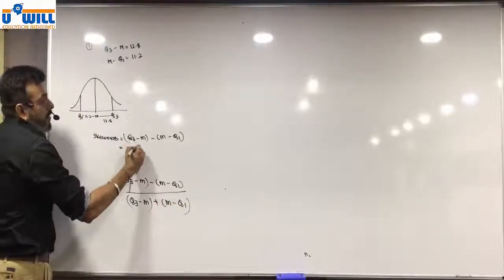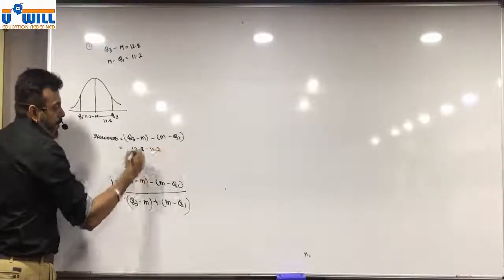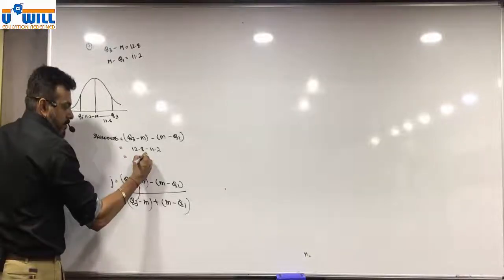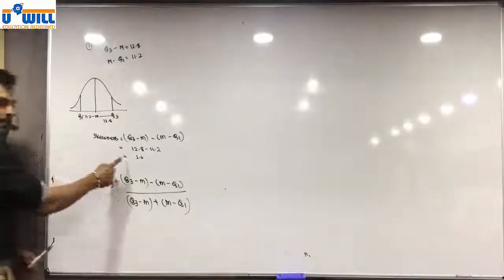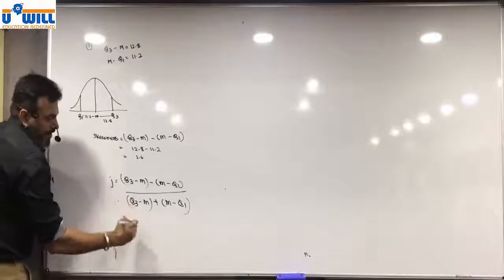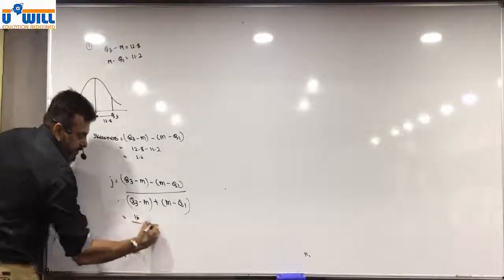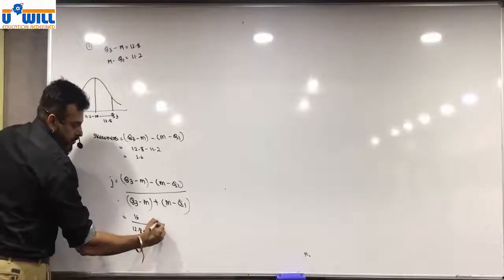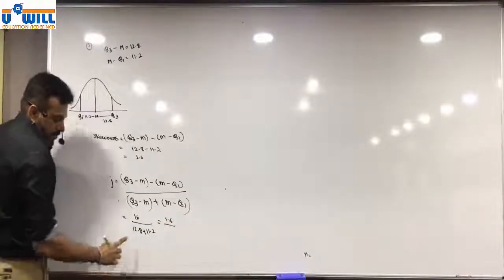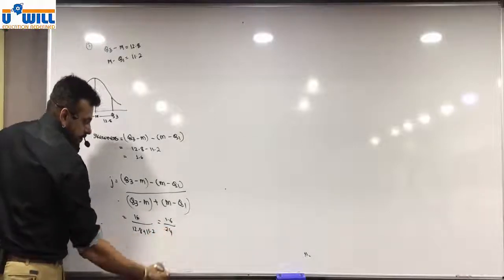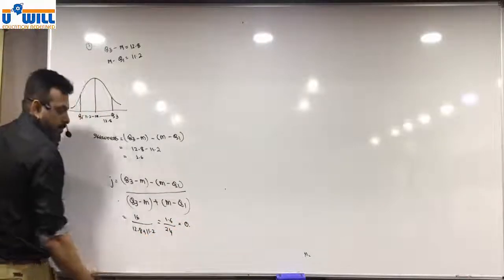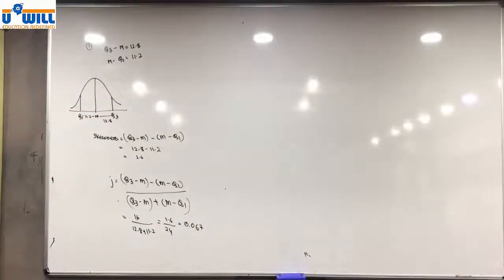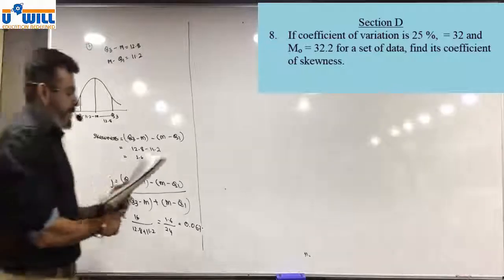Very simple now. 12.8 minus 11.2 is 1.6. Over here directly we have the numerator 1.6 upon 12.8 plus 11.2, which is equal to 1.6 upon 24, which is equal to 0.067.